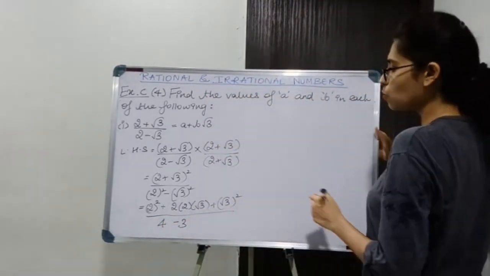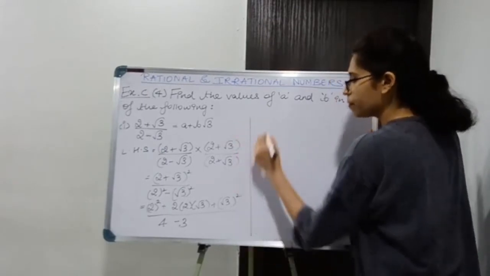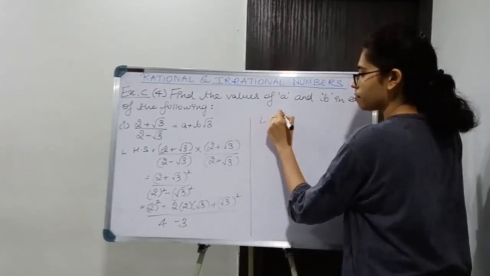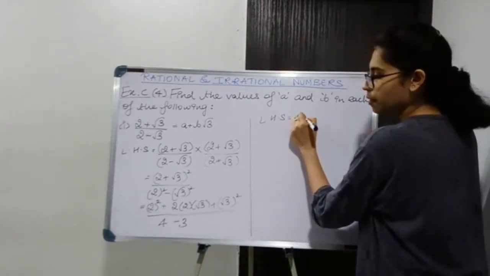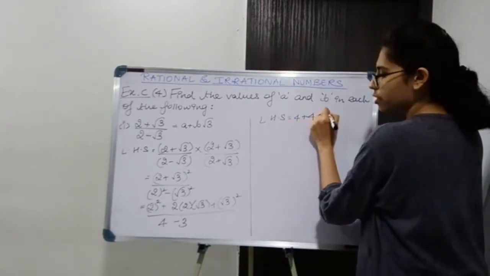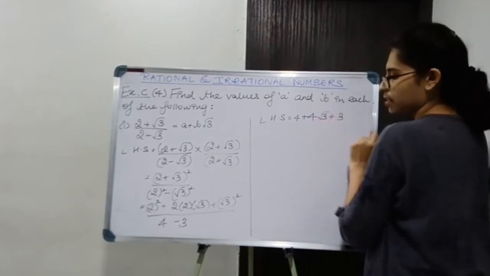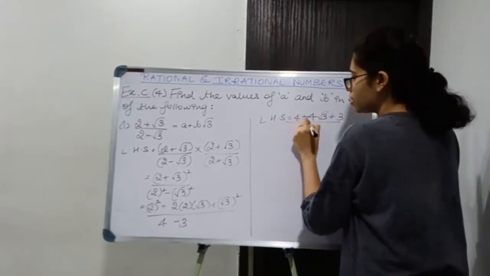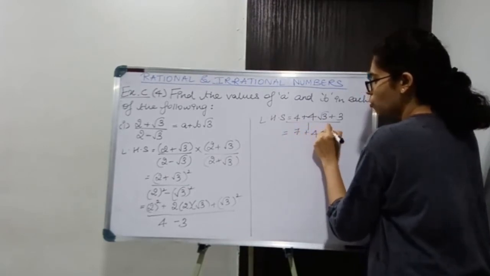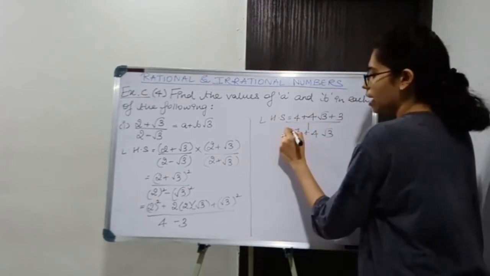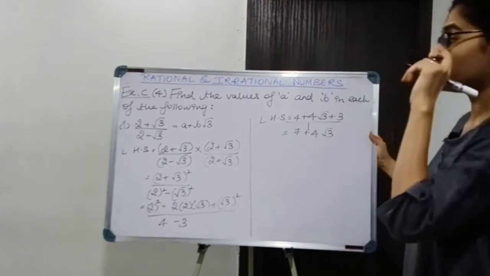So LHS is going to be 4 plus 4 root 3 plus 3 upon 4 minus 3 gives 1. So it is 7 plus 4 root 3. LHS is 7 plus 4 root 3.